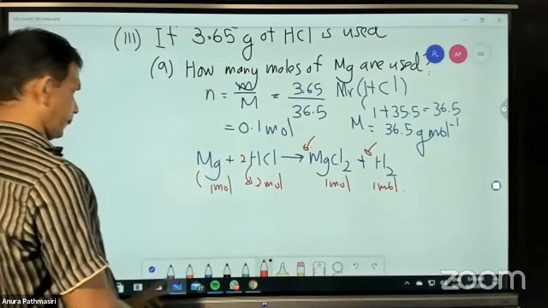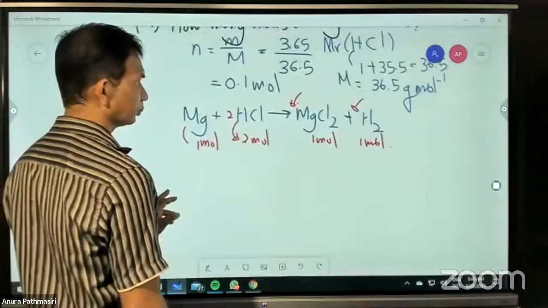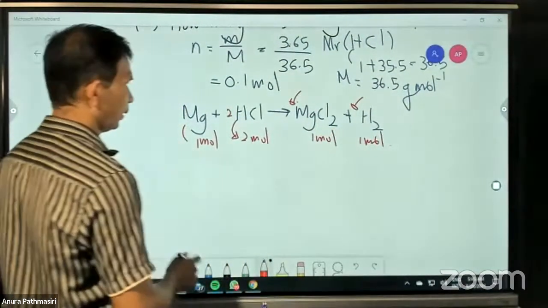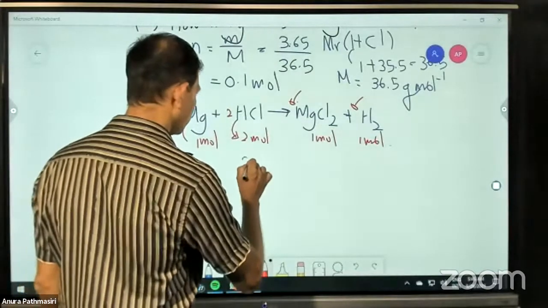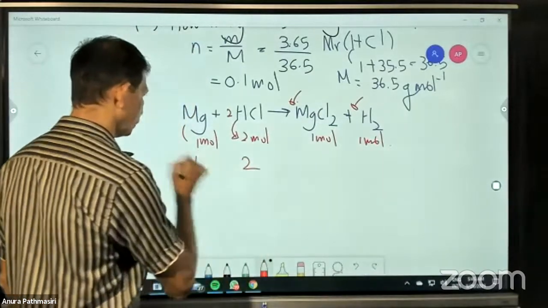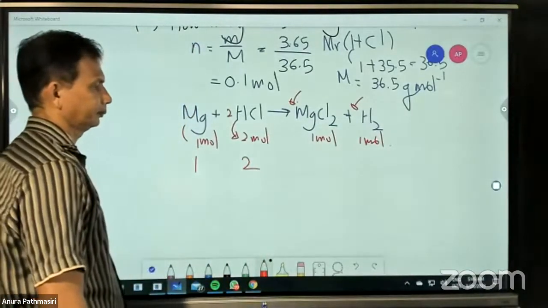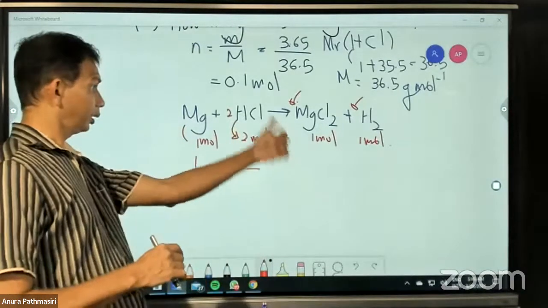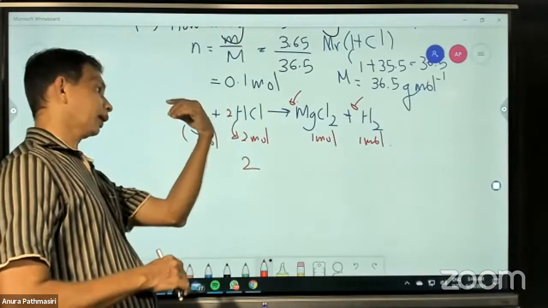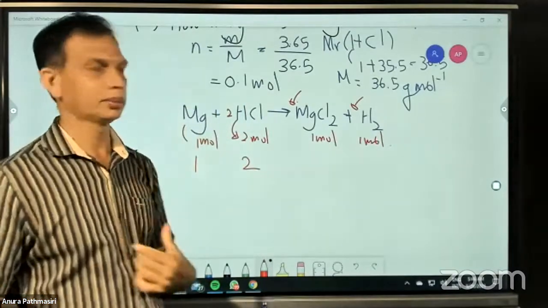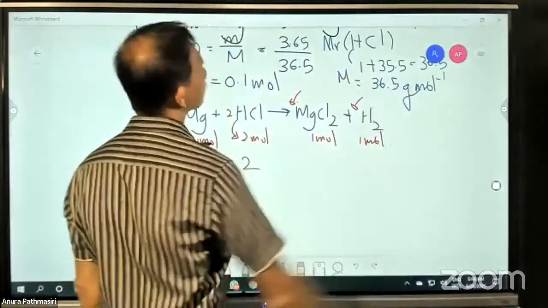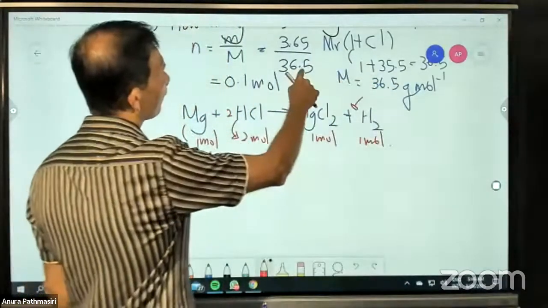Now you are going to put the values and tally this. If you have 2 moles of hydrochloric acid, magnesium will use 1 mole.